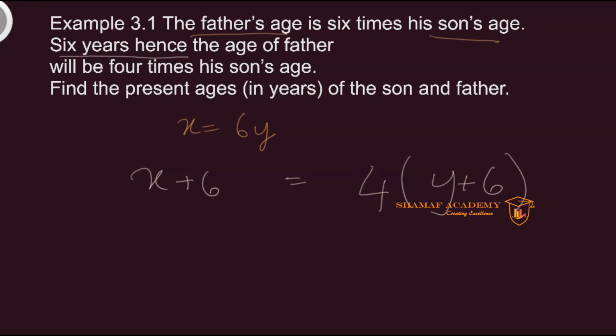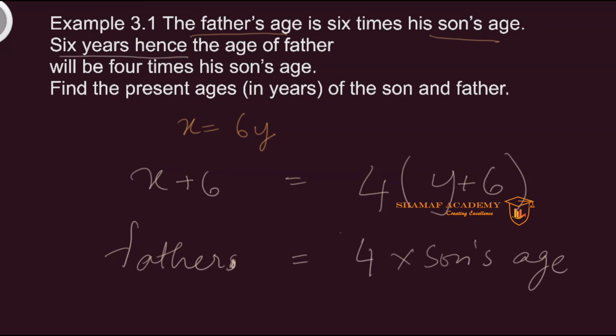Now you might get confused thinking that I'm multiplying 4 to the son's age. No, this is not how we are doing it. Only y is going to be son's age. What we mean here is that the father's age after 6 years is going to be 4 times the son's age.